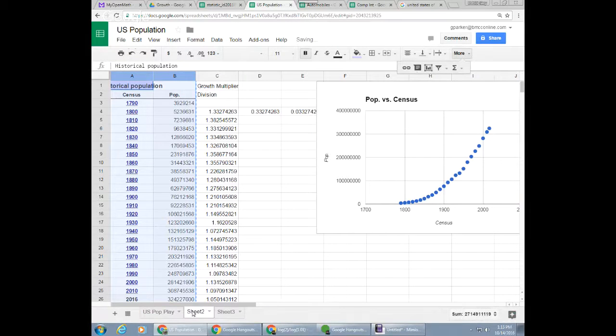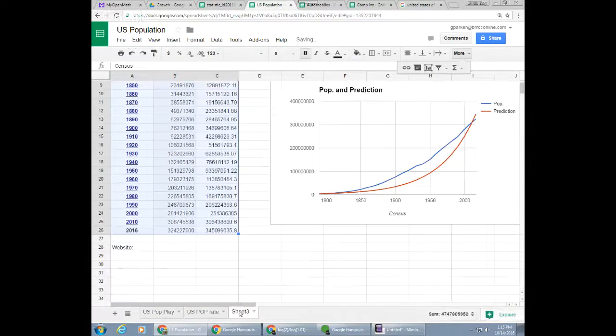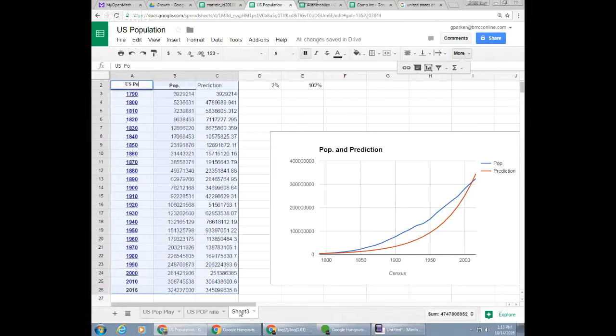This one here was US population with a guess at the rates. And this one here was US population, oops, I typed in the wrong spot. Undo. US population with a model. So that might help when you're working on yours.